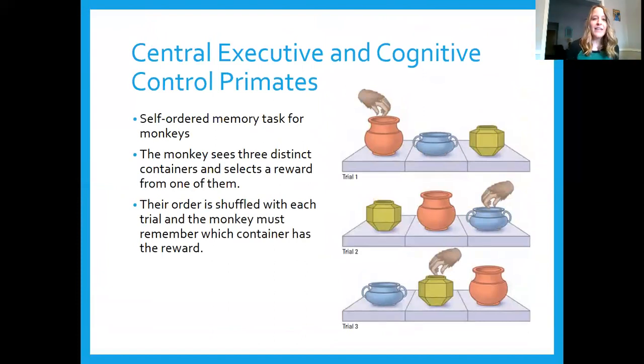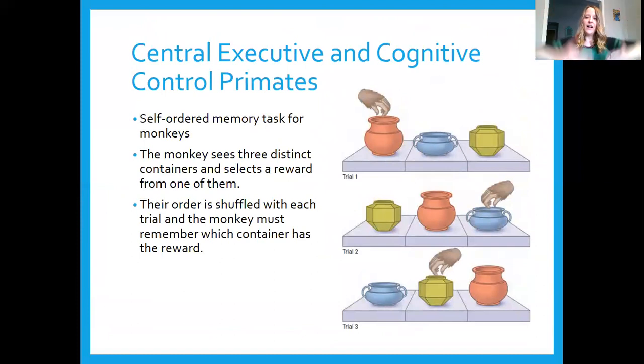For our primates, we can have a series of containers that each contain a treat. On each subsequent trial, they need to remember which container they've already gotten a treat out of, because if they reach in that one, it'll be empty and they don't get a treat. So on the first trial, our monkey picks the red container, gets the treat out and eats it.